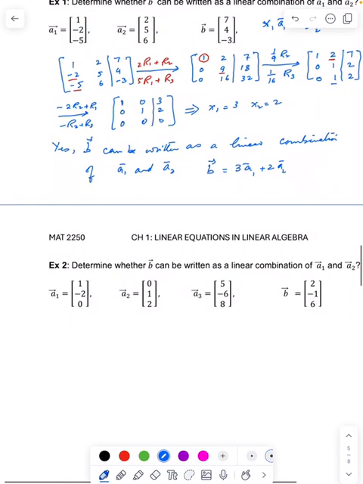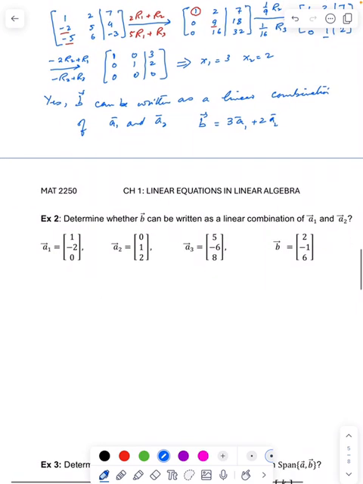Next example, again same thing, can B be written as a linear combination, but now we have 3 vectors, so it should say A1, A2 and A3. Okay, so we do the same thing.